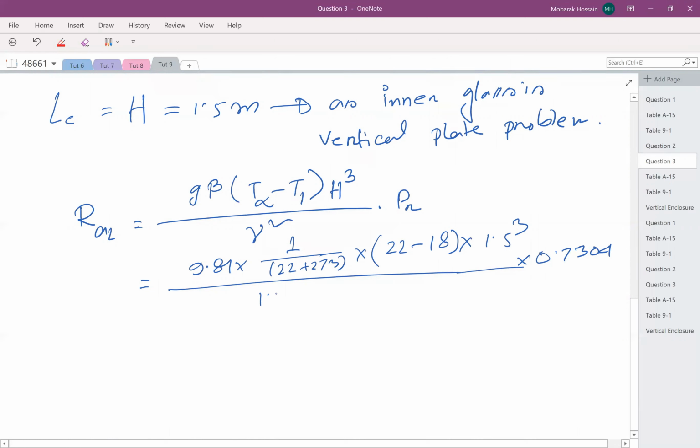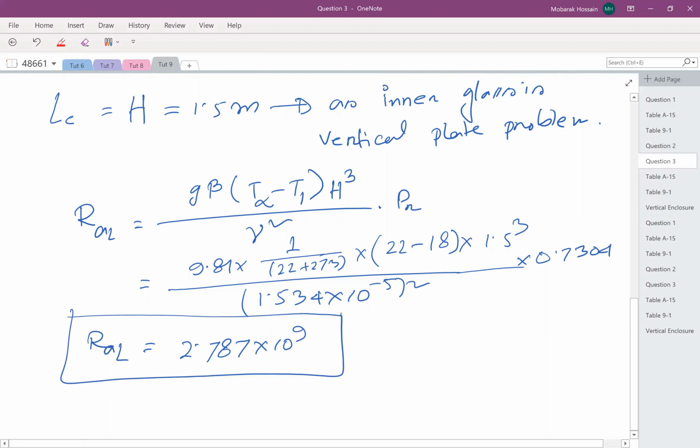Viscosity is 1.534 times 10 to the power minus 5, squared. It will give us 2.787 times 10 to the power 9. So this problem is related to a vertical plane.